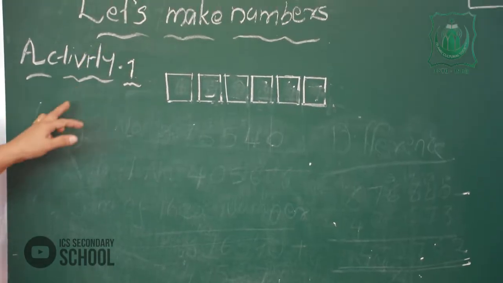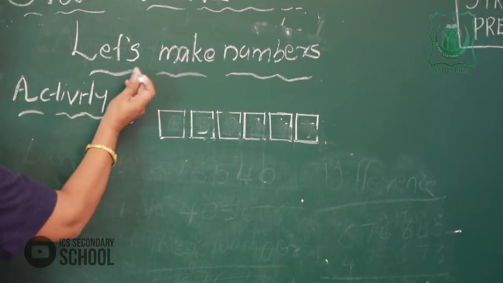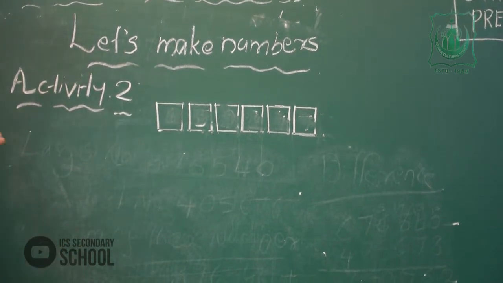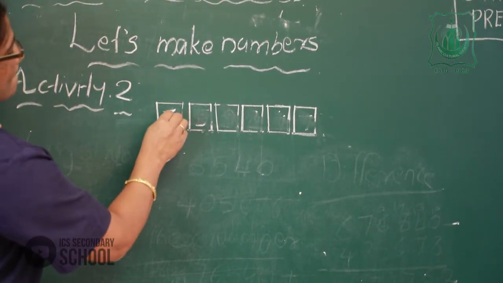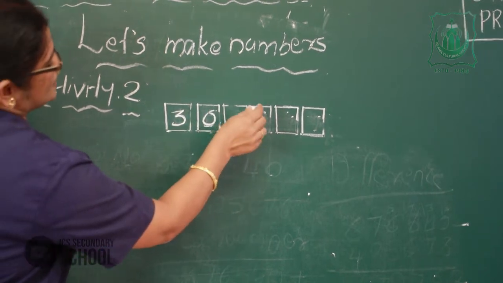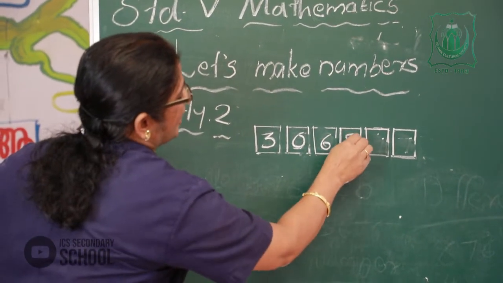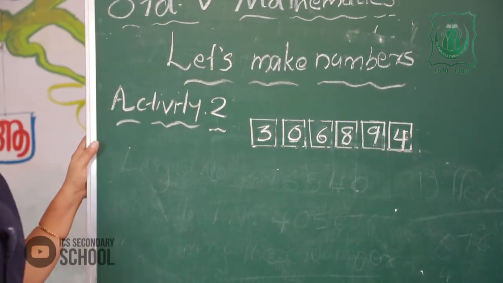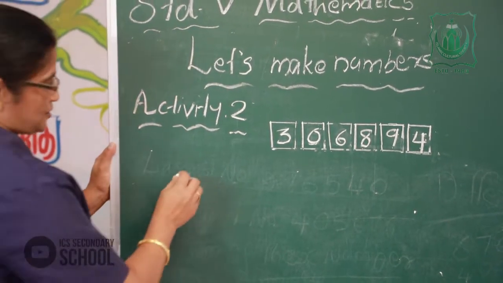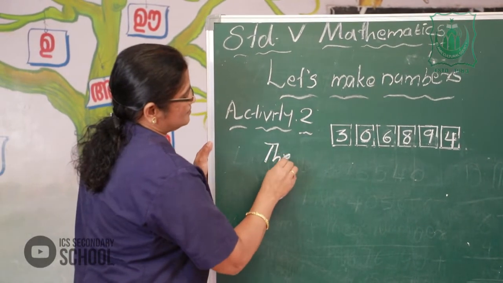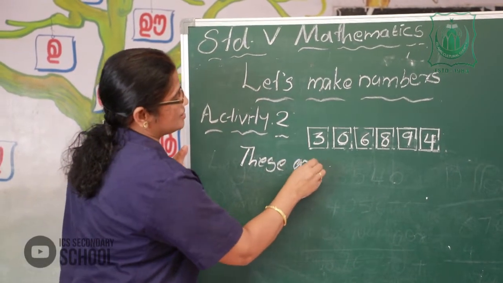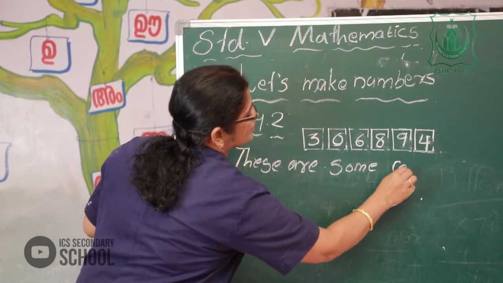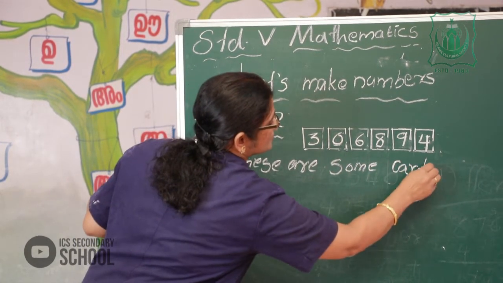Let's make numbers. Activity number 2. The cards are 6, 8, 9, 4. These are some cards.